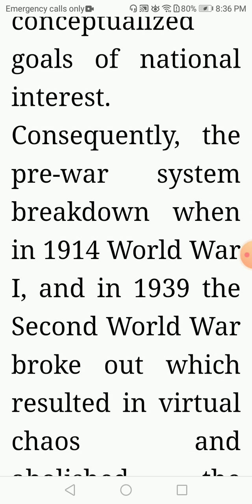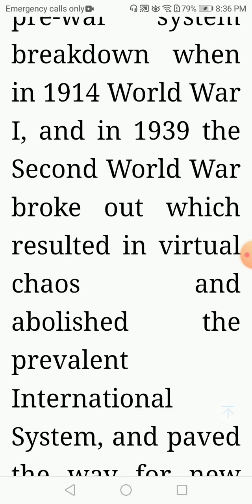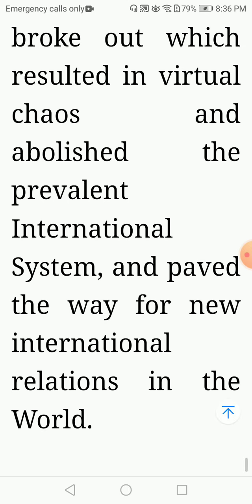Consequently, the pre-war system broke down when, in 1914, World War I, and in 1939, the Second World War broke out, which resulted in virtual chaos and abolished the prevalent international system and also paved the way for new international relations in the world.